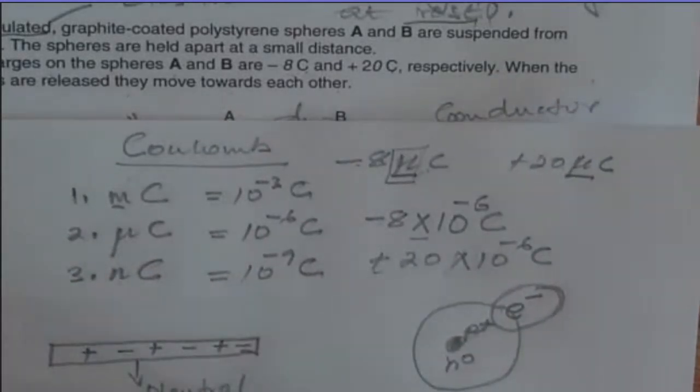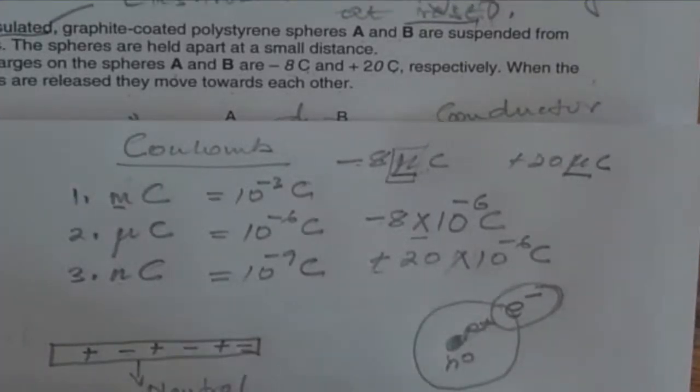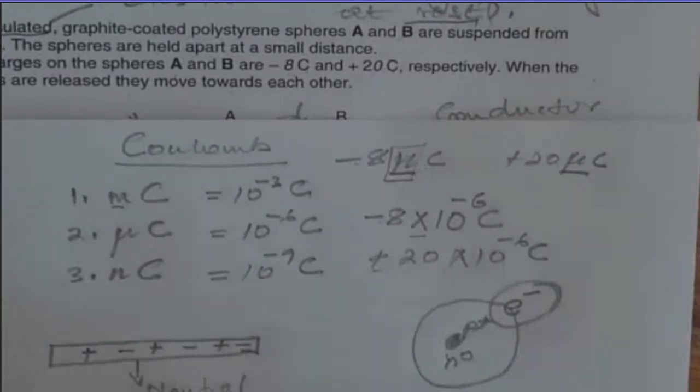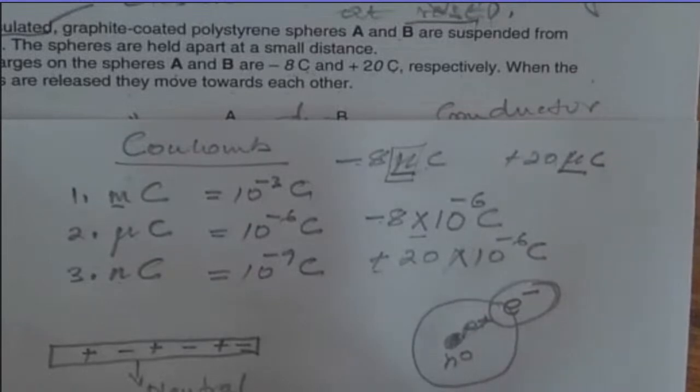So if this ruler is neutral, to become negatively charged or positively charged, you say, all right, now I'm having more negatives than positives, so it will be negatively charged. If it is negatively charged, it means electrons were added.